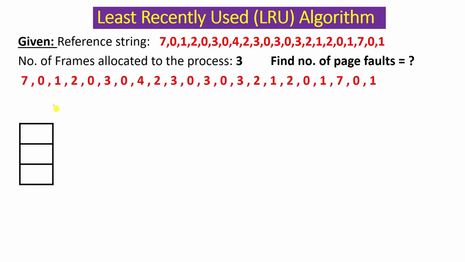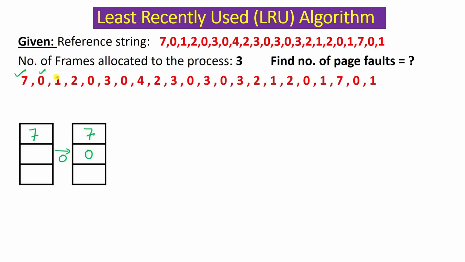So we are given 3 frames, and this is the reference string. Now let's apply it. For 7, 0, 1 it will work in the similar manner as FIFO and optimal. 7 will give me a page fault because it is not already present, so I will put 7 here and write a tick. A tick means this has generated a page fault. Now 0 is not already present inside the main memory, so 0 will create a page fault, and I put 0 in the free frame.